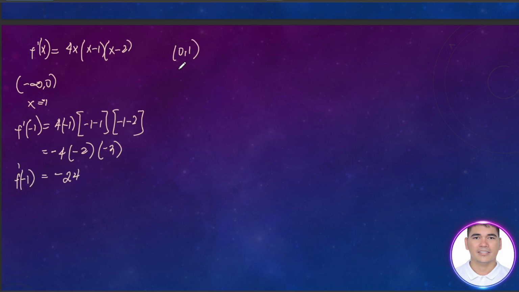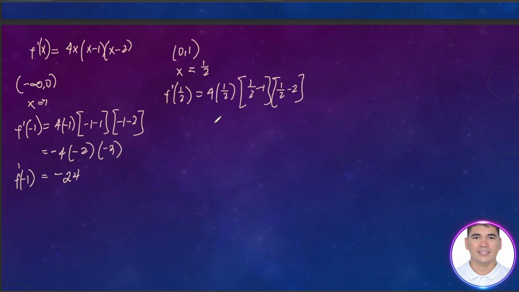Open interval 0 and 1. So we will choose 1/2. So 4 times 1/2, then 1/2 minus 1, and then 1/2 minus 2.